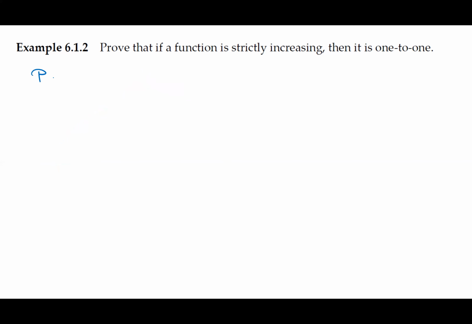While that's a wonderful intuitive notion, it's not a rigorous proof. And so what I'm going to do is prove by what's known as the contrapositive. I'm going to suppose that f is not 1 to 1 and show then it could not be strictly increasing. So suppose f is not 1 to 1.